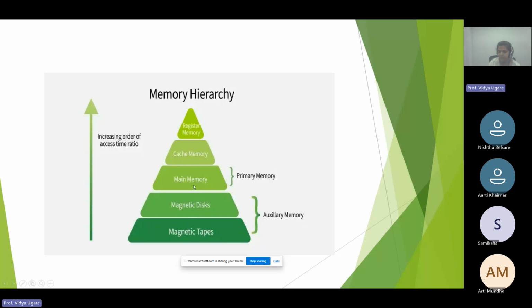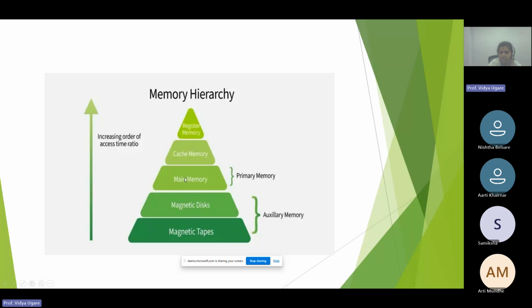Then comes the main memory, which means the RAM, random access memory. Main memory has more capacity than the cache memory and the register.